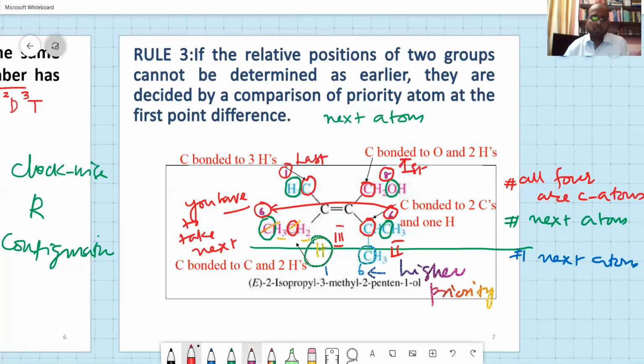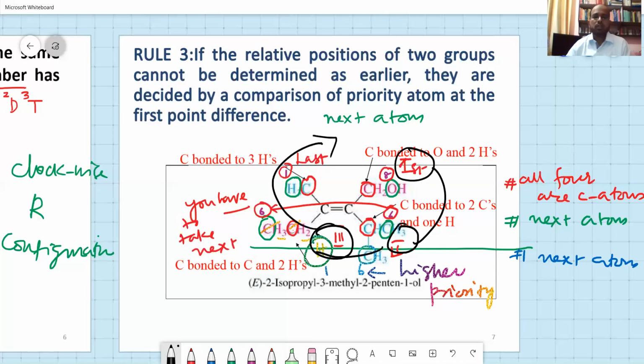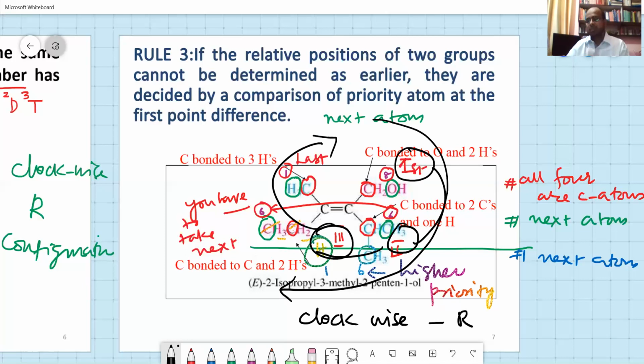Okay. So after having this, first, second, third, and fourth. So the rotation is clockwise. Therefore, it is R. Okay.